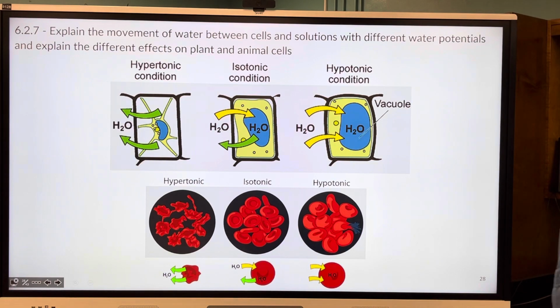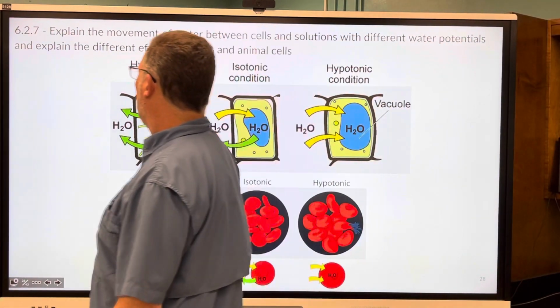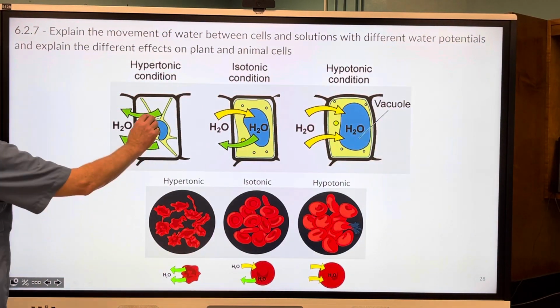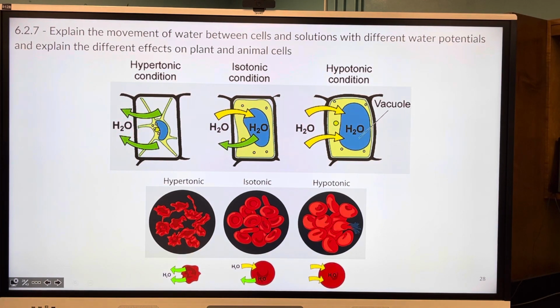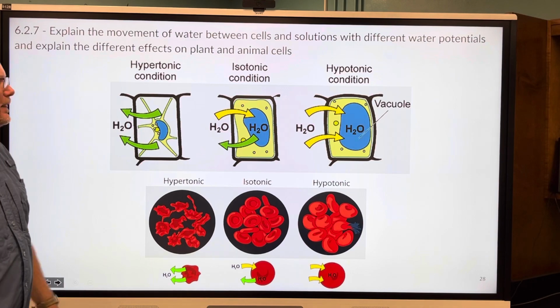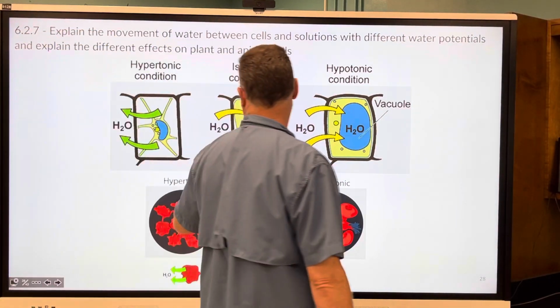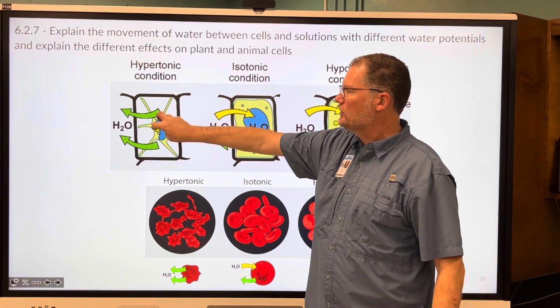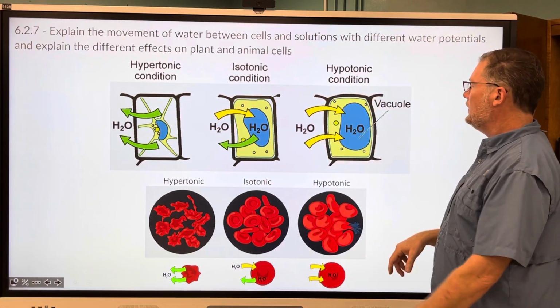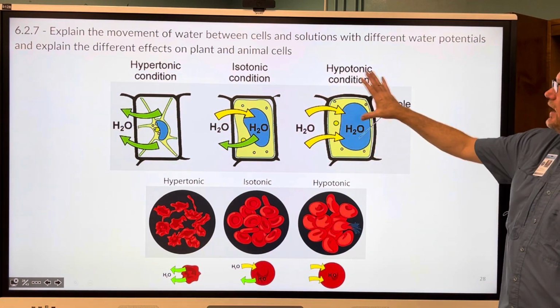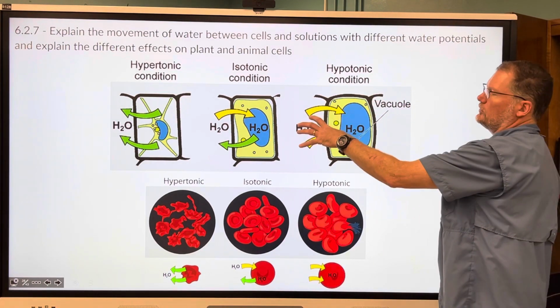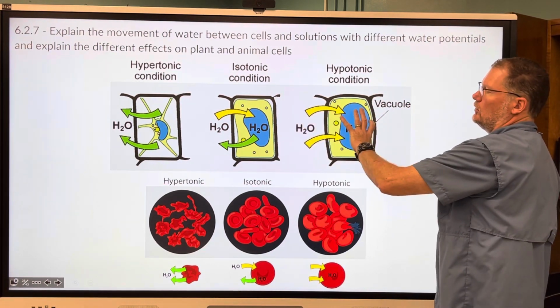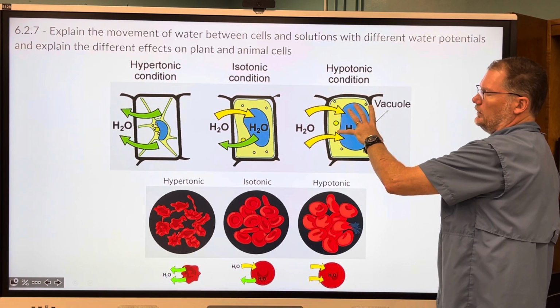So hyper is greater than, so the water is going to move out to the area that has higher solution concentration. Isotonic, you're going to have an even flow, and you can see the cell wall protects the shape of the cell, but you're still going to have a decrease of that vacuole. And then here the vacuole is going to swell. With the hypotonic, that means water is going to go into the plant cell and swell.